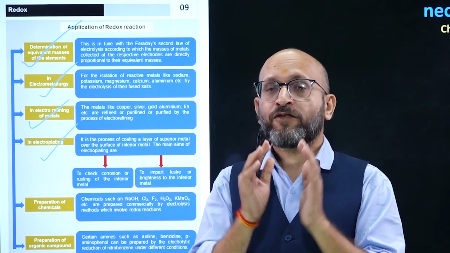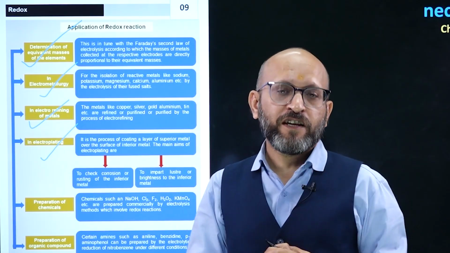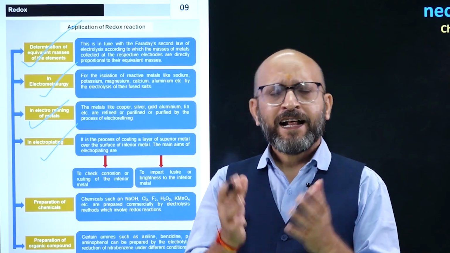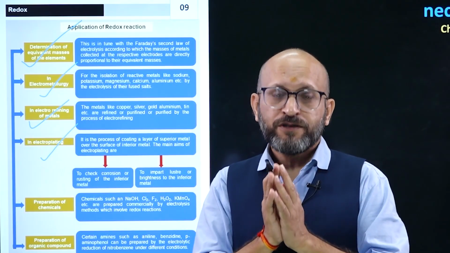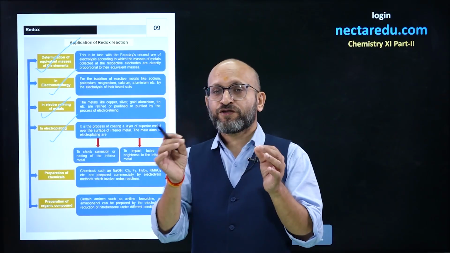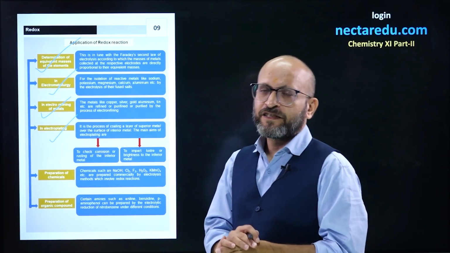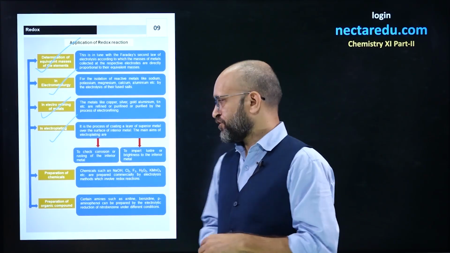This is called electroplating, coating of a superior metal on an inferior metal. This helps us in preventing corrosion and degradation of inferior metals. This is also one of the methods to protect inferior metals from degradation.